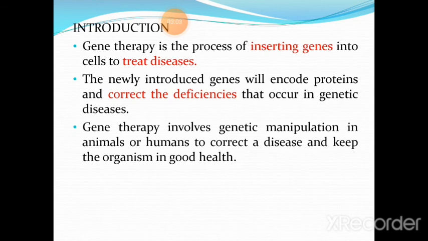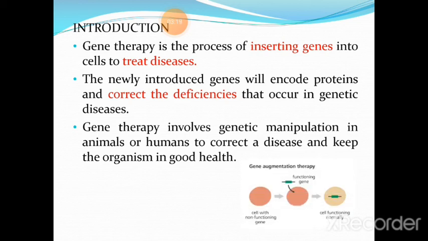Thus, gene therapy involves genetic manipulation in animals or humans to correct a disease, and ultimately the organism is kept in good health. So same diagram I have given here.